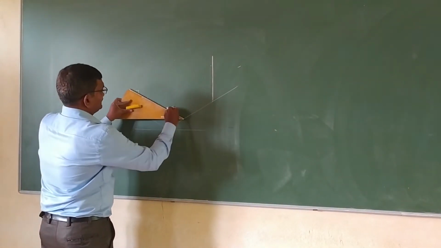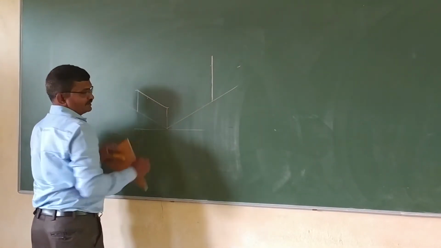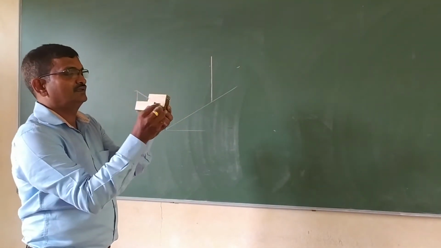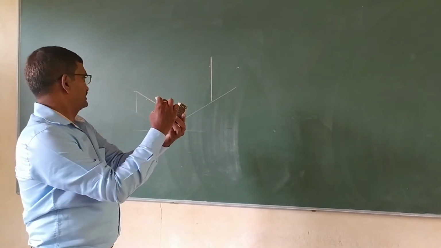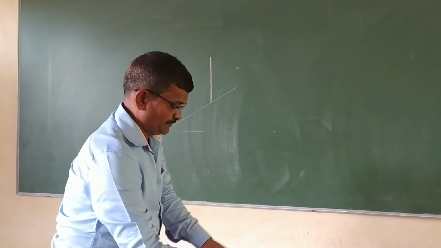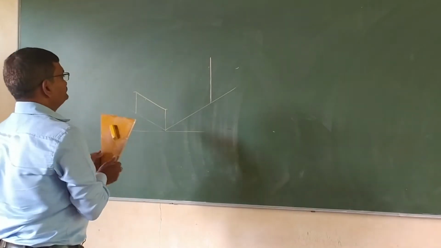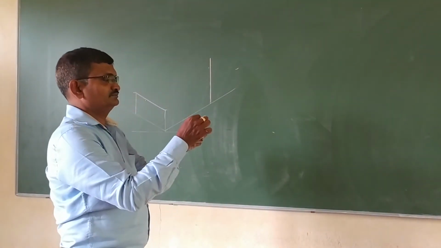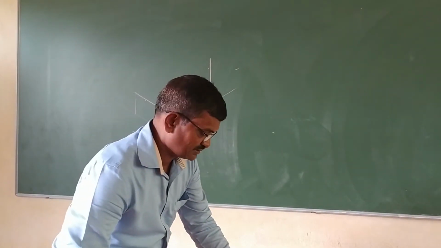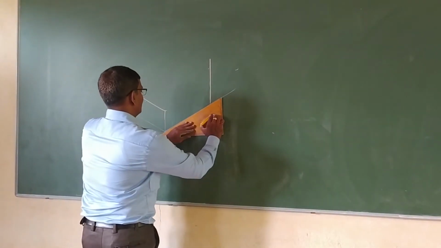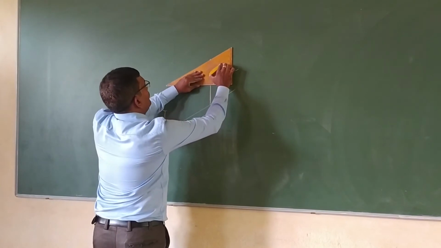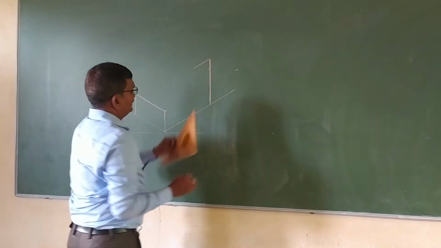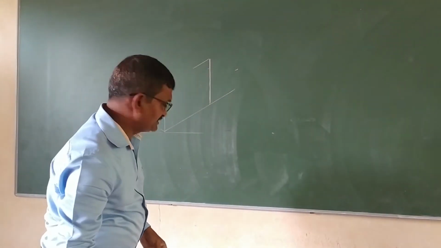Now draw the parallel lines of this. I draw this step. This step height is taken as 20 mm. Then we have to draw this, which is parallel to this line. So from this point, we have to draw a 30-degree line, and that dimension is 20, the same as that.